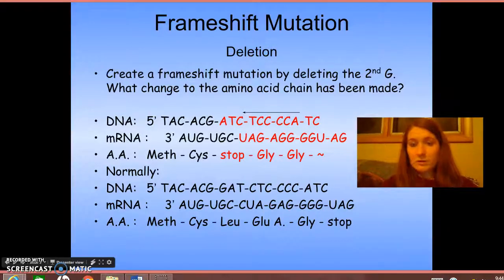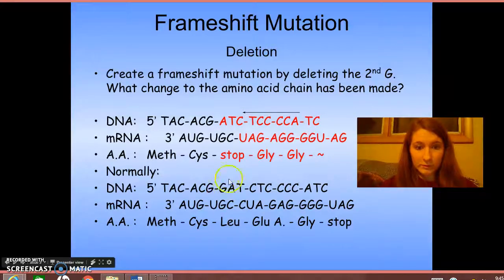So now here is an actual sequence of a DNA frame shift mutation. So you are going to be removing this G here.